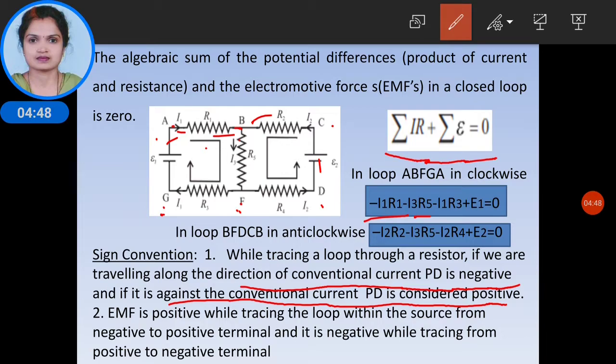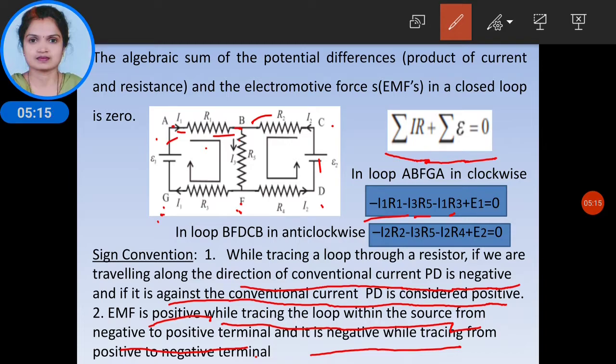Now the next is branch F to G. Here current is I1. It is again in the direction of conventional current. So the product of I1 into R3 must again be negative. Now next is the EMF. EMF is positive while tracing the loop within the source from negative to positive terminal, and it is negative while tracing from positive to negative terminal.